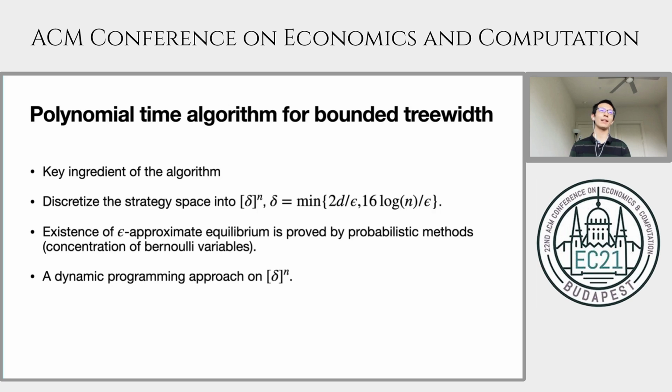We prove the existence of an epsilon approximate equilibrium over the grid via probabilistic method. In particular, we make use of the concentration of binomial variable. We then design a novel dynamic programming approach on this discretized space, and we show that one can find an epsilon approximate equilibrium in polynomial time.